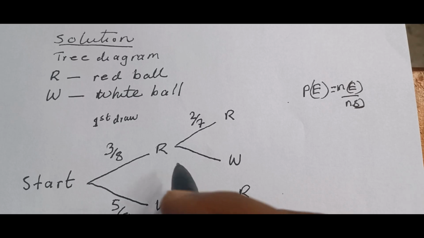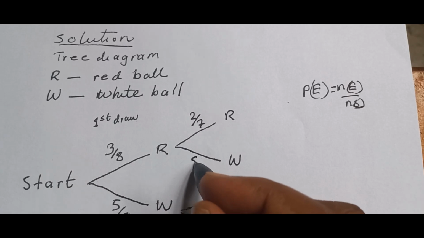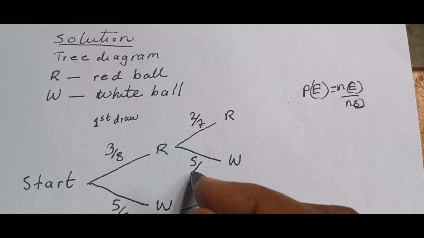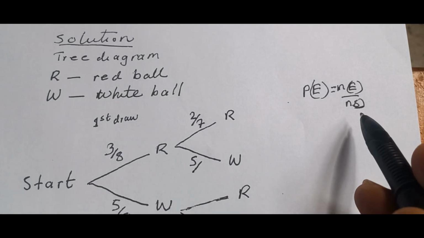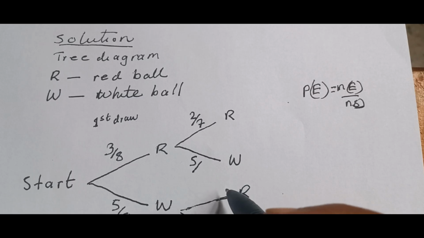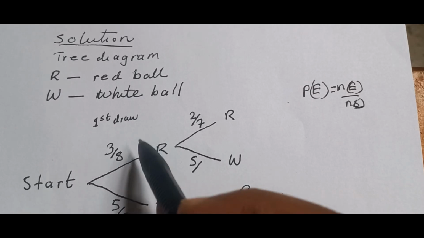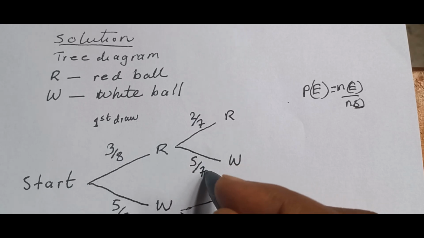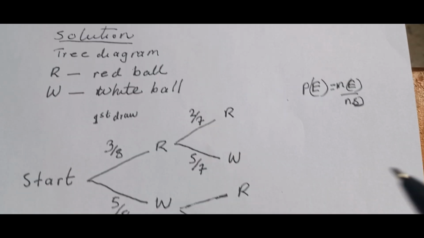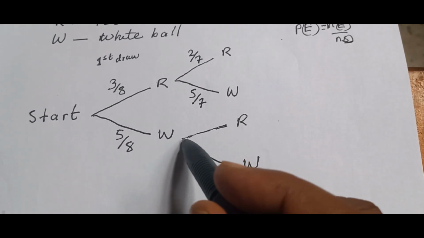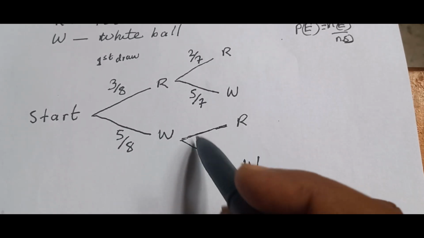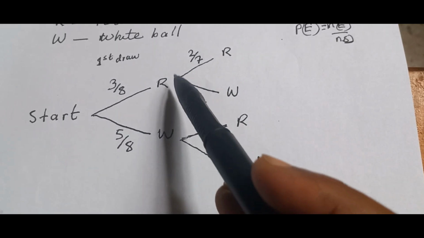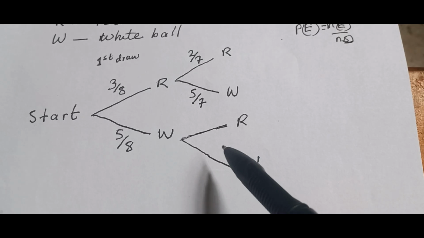In our box, we have 5 white balls, that is the number of events, over the number of sample space, which is the total number of balls in the box. Remember, we have taken one red ball in the first draw, so here we are going to remain with 7 balls. In this case, we are going to use the same procedure that we used when dealing with the upper part of our tree diagram.